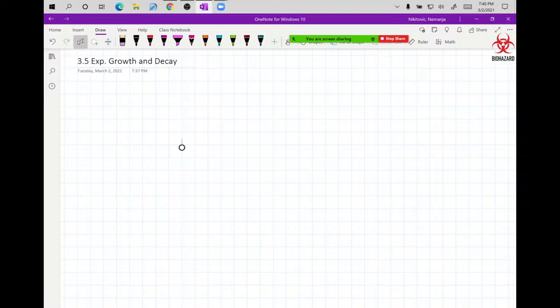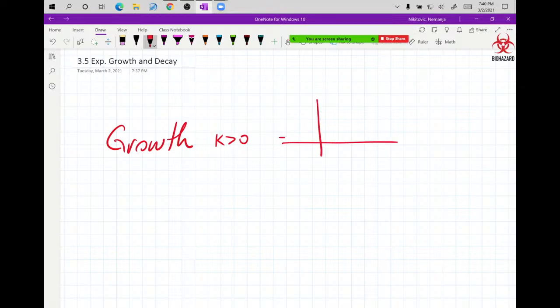But before we get into all of those equations, we can categorize them all into two groups, right? There is a growth group, which will have k positive, and the graphs would look like this.